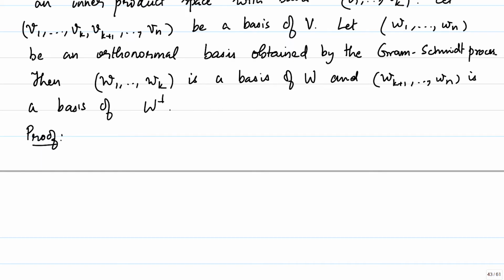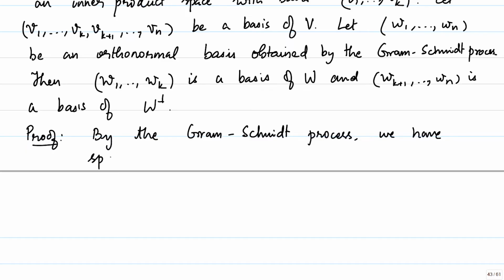By the very Gram-Schmidt process, span of W1 to Wk is equal to span of V1 to Vk. But what does that mean?